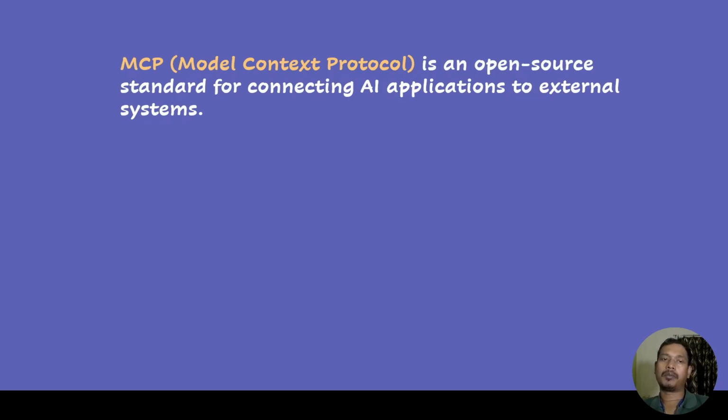By definition, it is an open source standard for connecting AI applications to external systems. So, why have people created this MCP server? Let me tell you. Suppose you are building an application which needs some functionalities of external tools, like your application needs to send or receive email by connecting to the Gmail API.